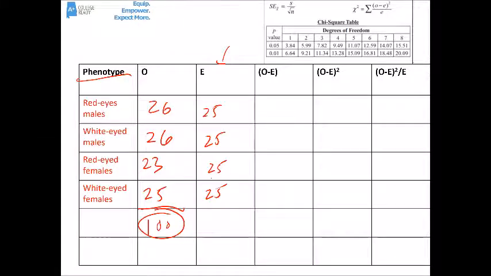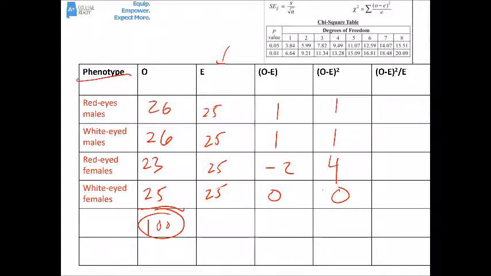Then we just do what the table tells us to do. O minus E. 26 minus 25. 26 minus 25. 23 minus 25. 25 minus 25. Then we go to the next column. O minus E squared. 1 squared. 1 squared. Negative 2 squared. 0 squared.